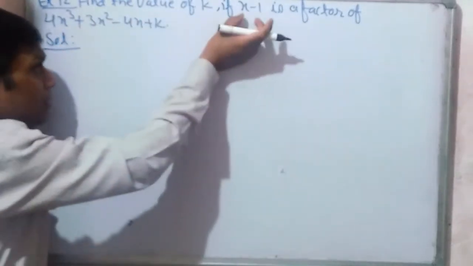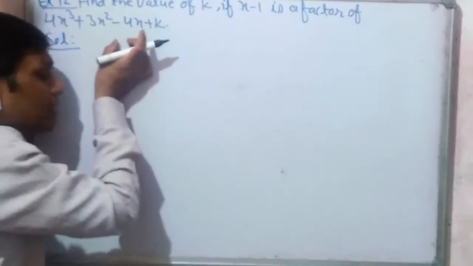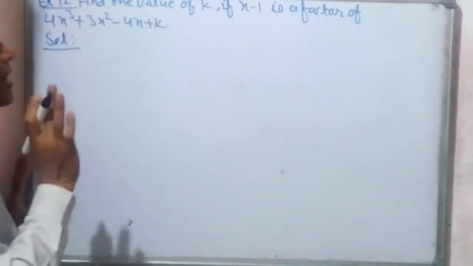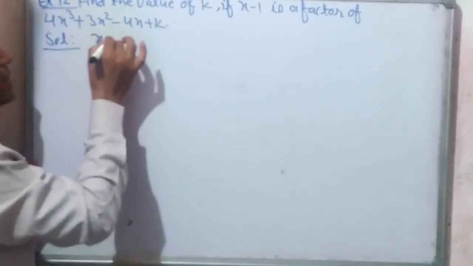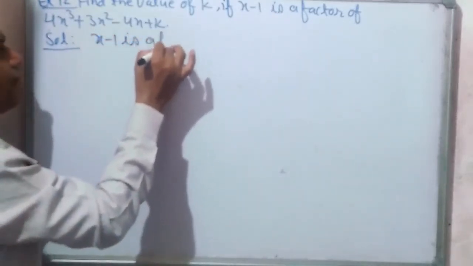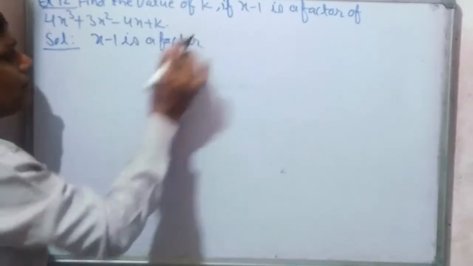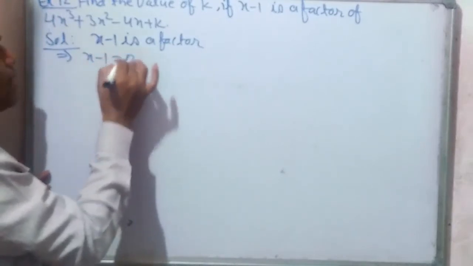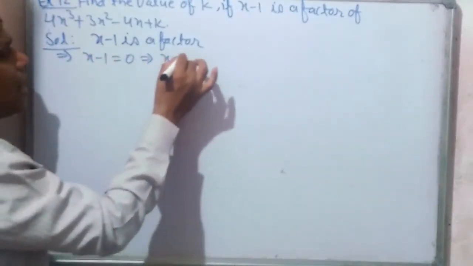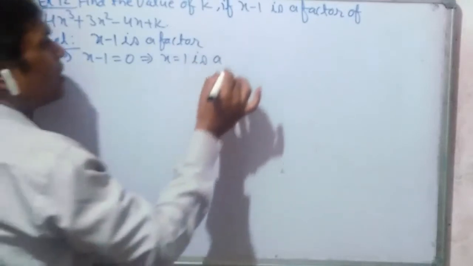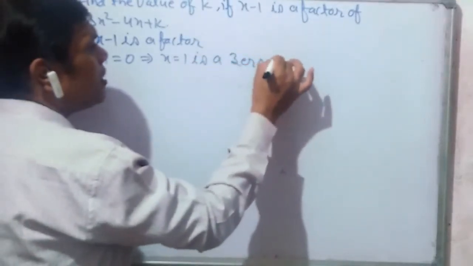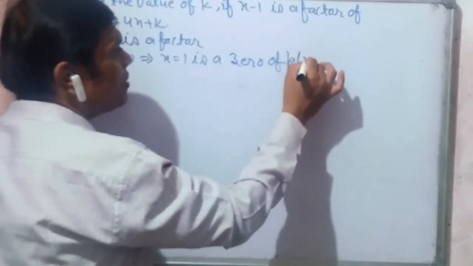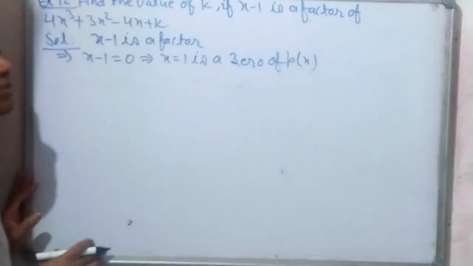And we know that the 0 of the factor and the 0 of the polynomial are the same. So x minus 1 is a factor. This implies if we put x minus 1 equals 0, x equals 1 is a 0 of px. That is the relation between the factor and the zeros.